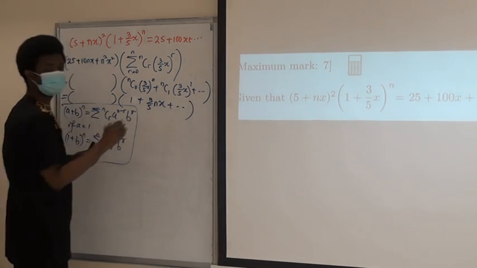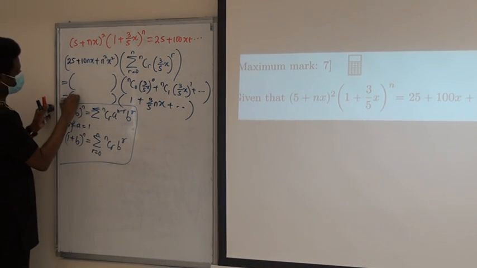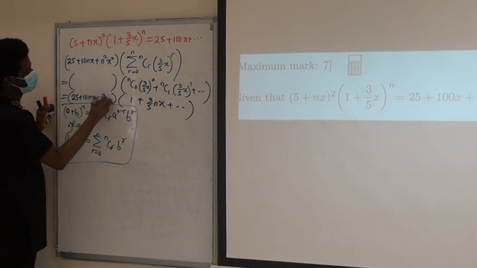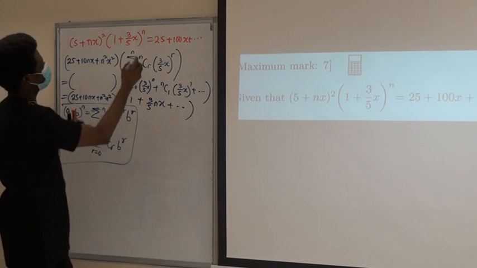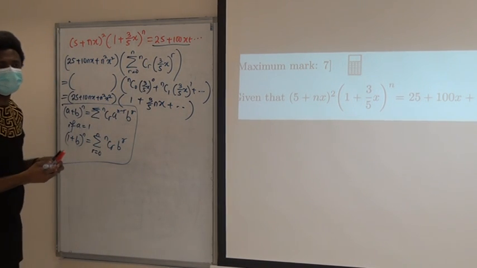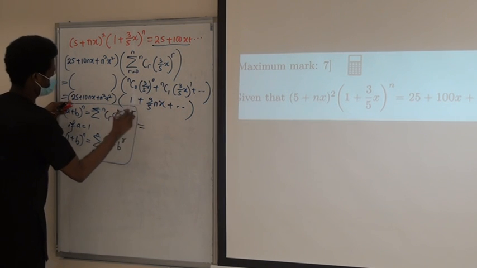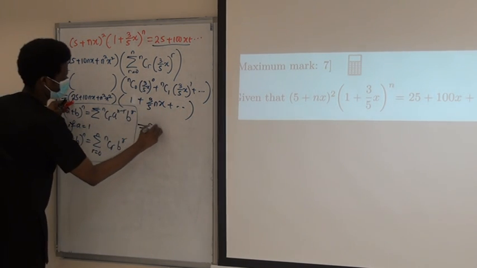And the rest continues. So if you already have 25, 10nx plus n squared x squared, and you only have the first two, right? Only linear. So the constant will multiply, get 25.